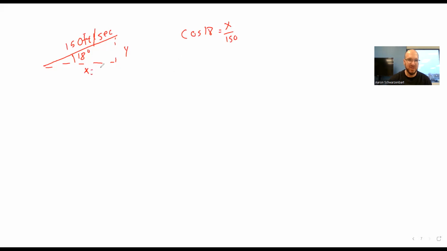So now my x component is 142.66. That means V0x is 142.66. My y component, I'll use sine. 46.35. So V0y equals 46.35.